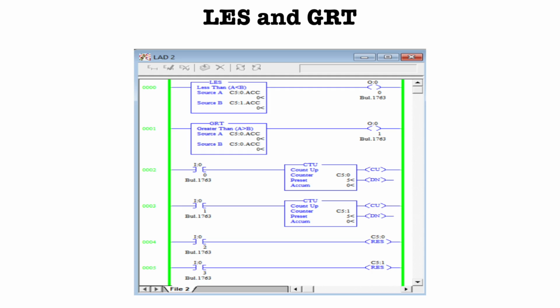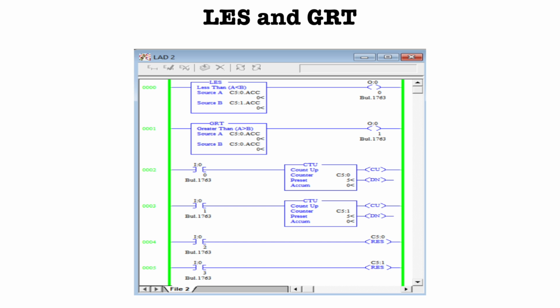These two are also input instructions, that's why they are connected to the input side, and two outputs, O:0/0 and O:0/1, are connected to the LES and GRT instructions respectively.